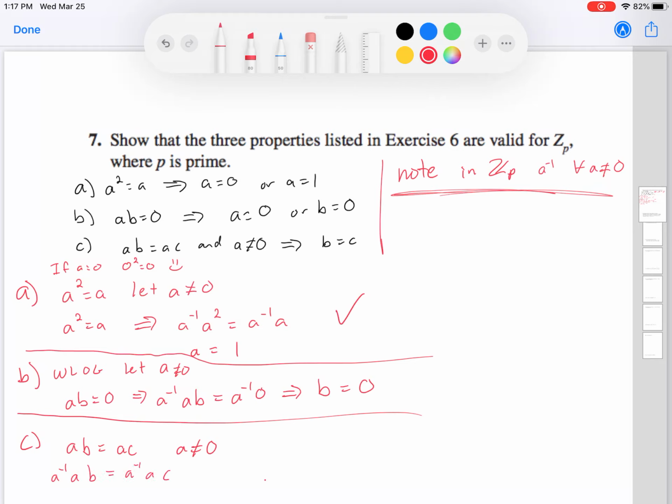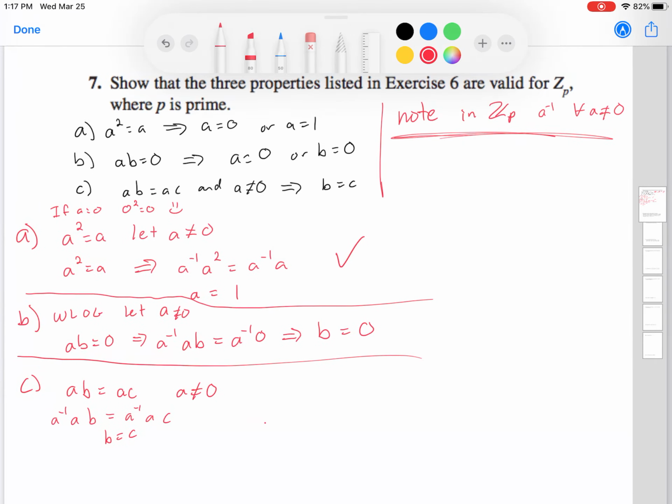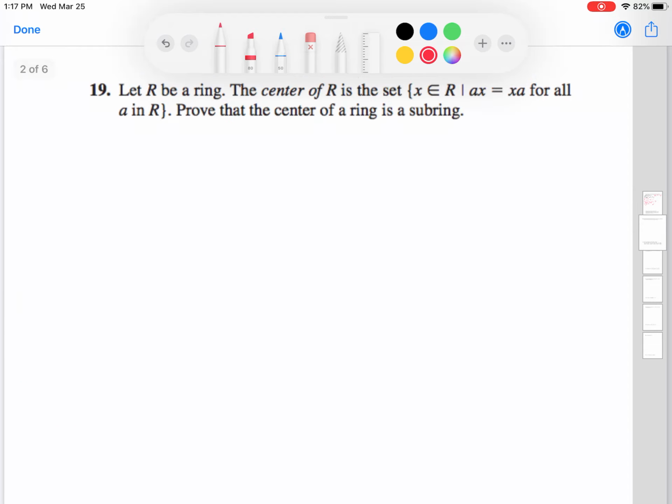So we could have a inverse ab equals a inverse ac, which would give us b equals c. So we've got all of our properties shown. Our biggest thing was to note that as long as a is not equal to 0, as long as we're in Z_p, then a has an inverse. That was our big key to use for all of these.